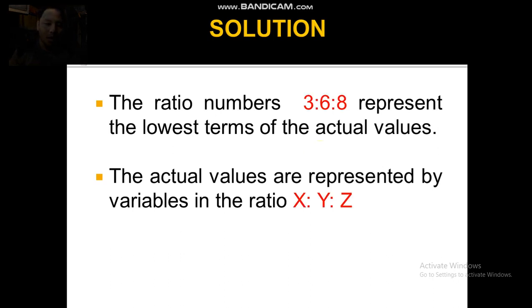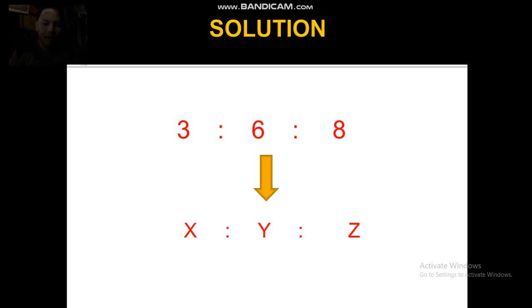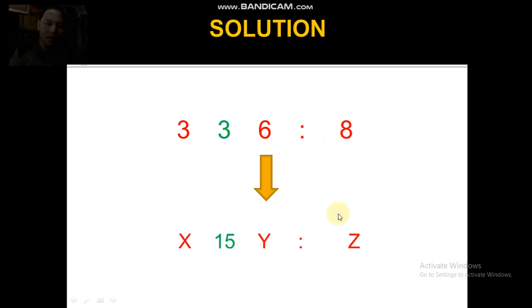So let us focus on these ratios. Take note that 3 corresponds to x, 6 corresponds to y, and 8 corresponds to z. According to the word problem, y is 15 pesos more than x. If you observe the ratio numbers of x and y, we have 3 and 6.